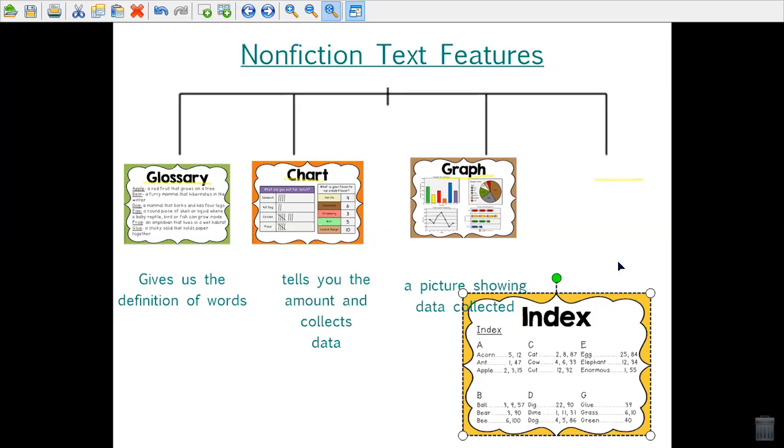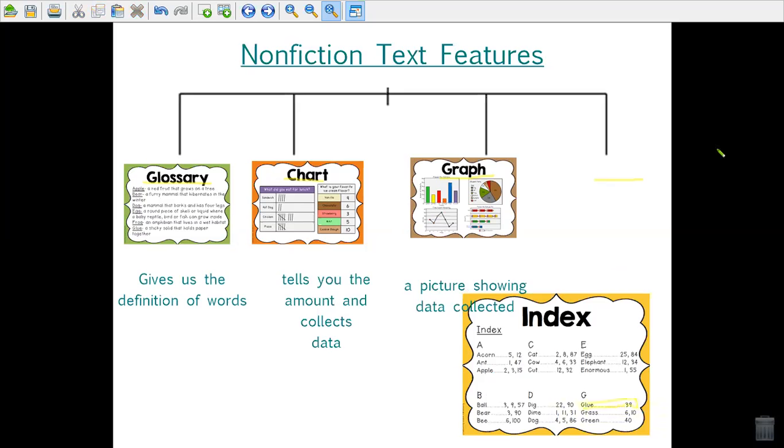Okay, if you want to know about glue, what page will I find information about glue? Okay, if you said page 39, then you're a rock star because you're right. It has it right here. Let me highlight it. It says glue is going to be on page 39.